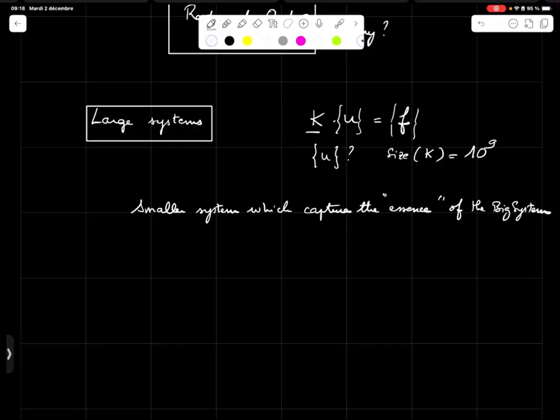So for example, you have something that has 10 to the power 9 degrees of freedom. That means that you have 10 to the power 9 unknowns. And you would like to get down to very few, let's say 5 unknowns. And that's going to be what we talk about today. That's one way to think about that.